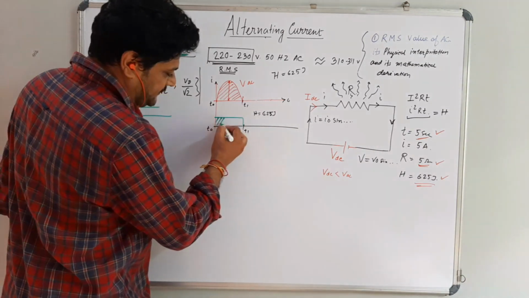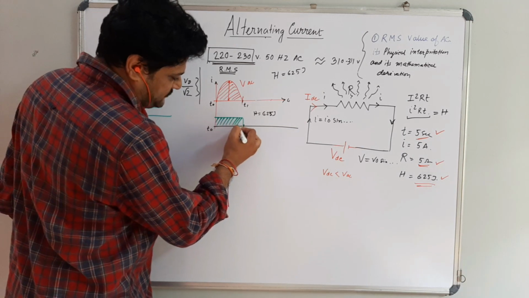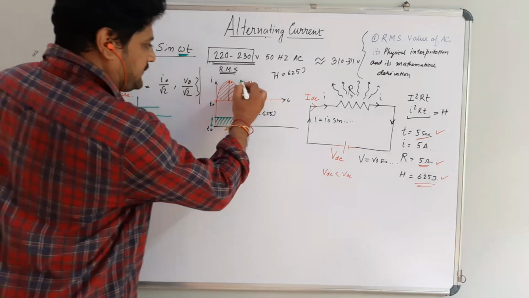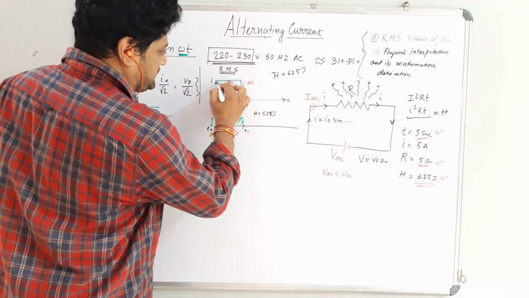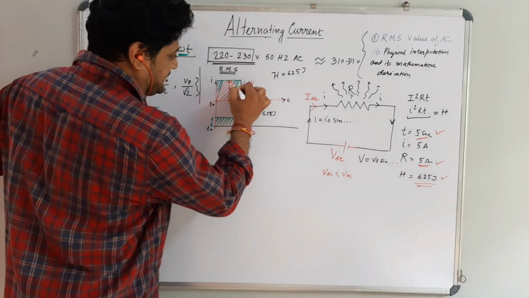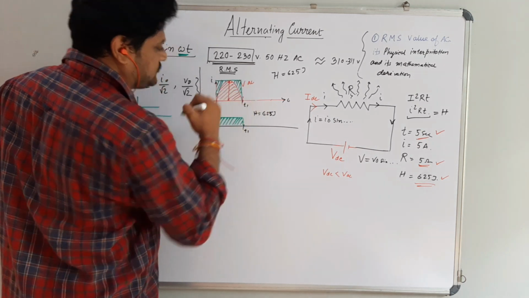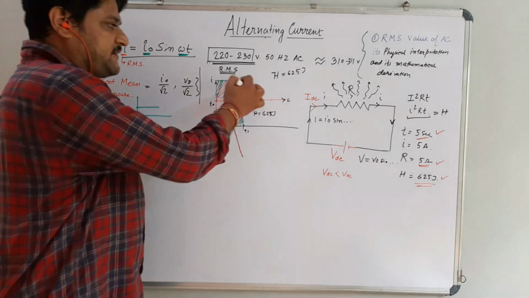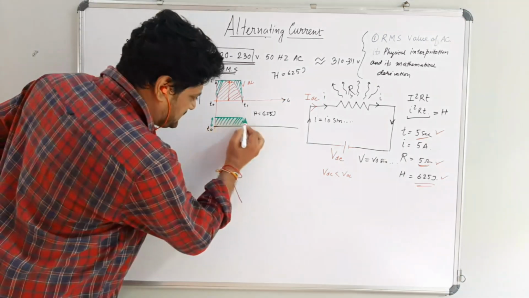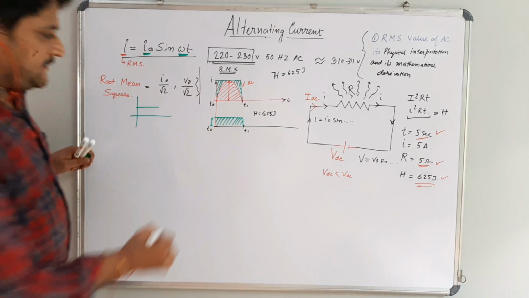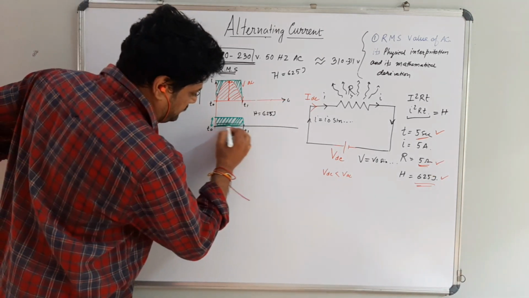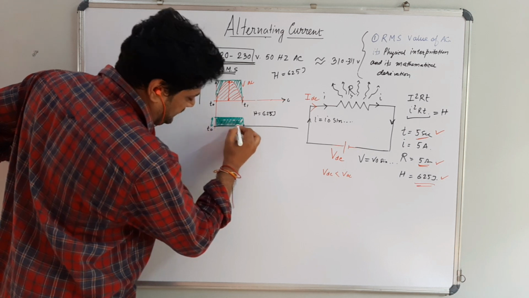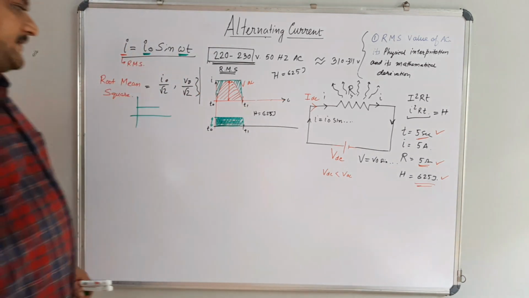Then obviously you can see that the amplitude of the DC is reduced, because this area is the lossy area. In that green color area we cannot get any effective value of AC, but in this rectangular strip, a constant current is flowing everywhere, and this is a solid rectangular area.